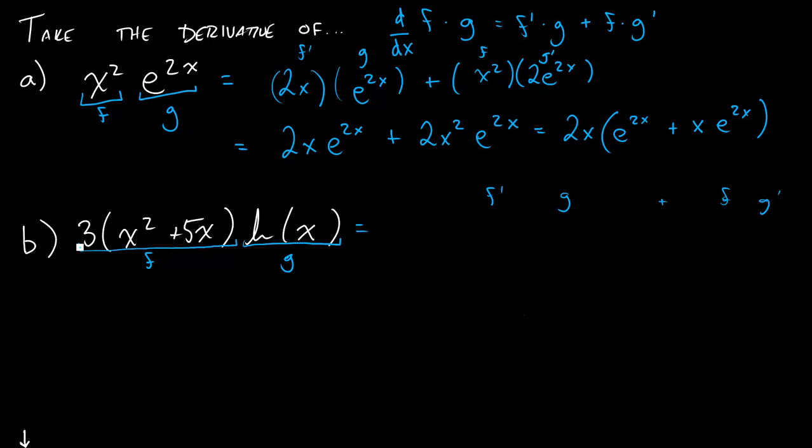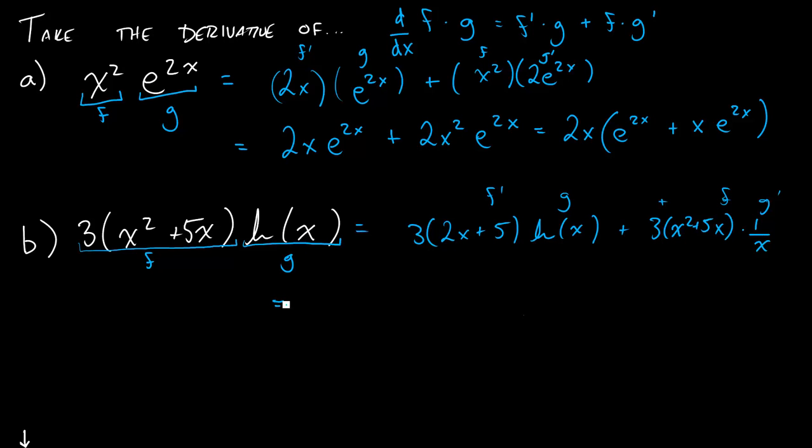We have 3 times a polynomial, so we keep the 3 on its own, since it's a constant times something we know how to take the derivative of. The derivative of the thing inside is 2x plus 5. Now we leave the g alone on this term. On the next term, we leave the f alone, so we have 3 times x squared plus 5x, and we take the derivative of g. So 1 over x is the derivative of ln x.